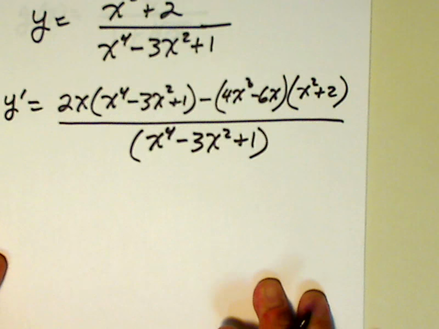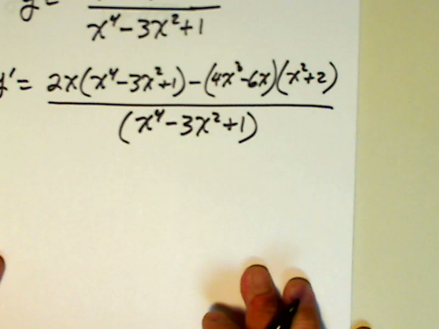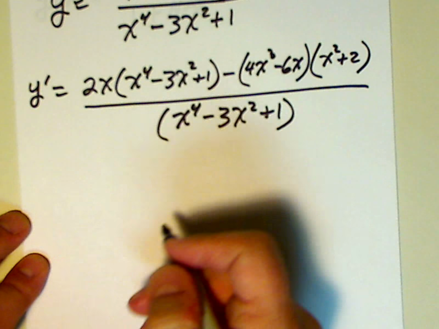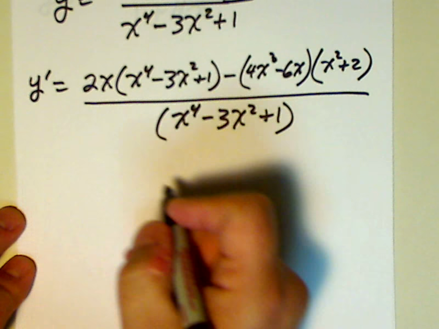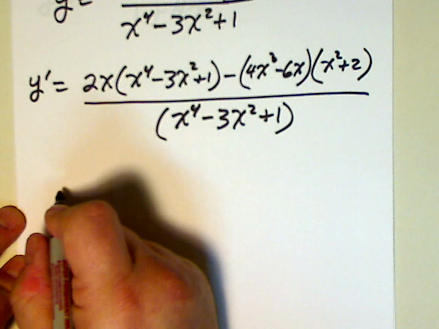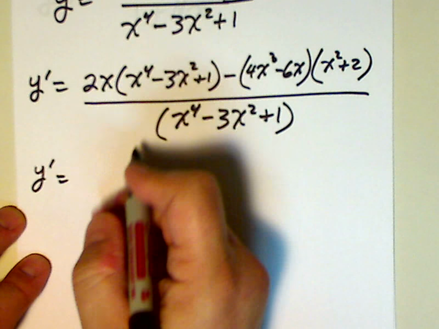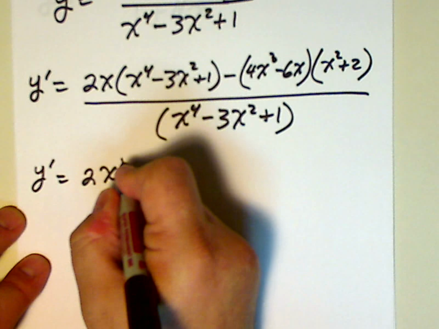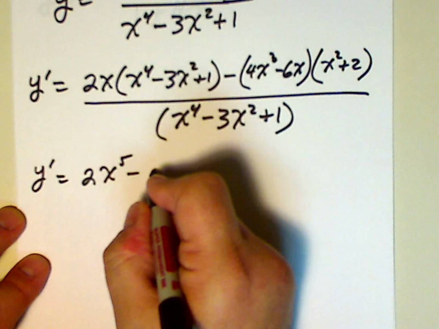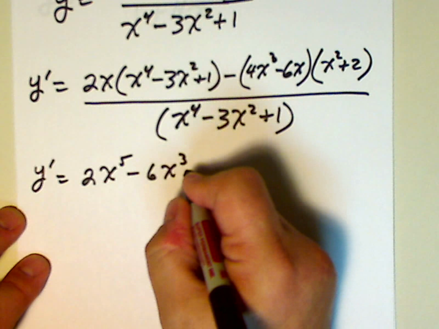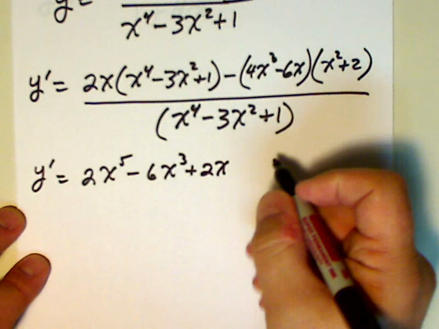Okay. Now let's do our algebra. The algebraic workouts tend to be the most difficult part of calculus, not the calculus rules. They're easy. So y prime is equal to, well, we have 2x to the fifth minus 6x cubed plus 2x. Let's FOIL this out.